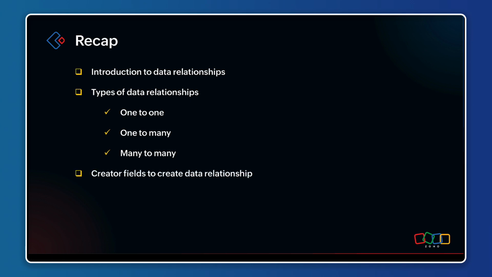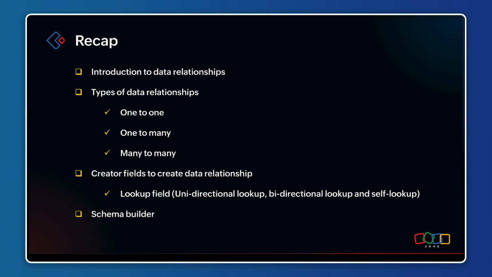Post which we understood what is the Creator field that is going to help you to create data relationship, where we delved deep into the lookup field in Zoho Creator. We learnt about the different types of lookup that you can create, which are unidirectional lookup, bidirectional lookup, and self lookup. We also learnt about a developer tool called Schema Builder that is going to help you to view the different data relationships that you have built within your application.